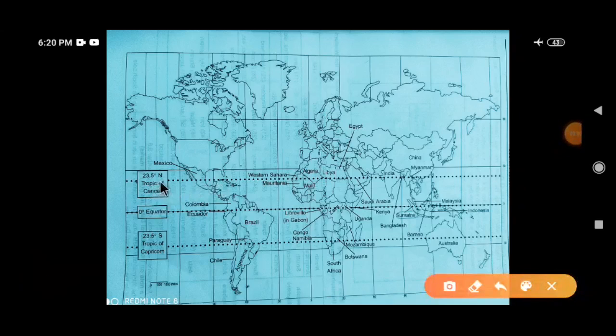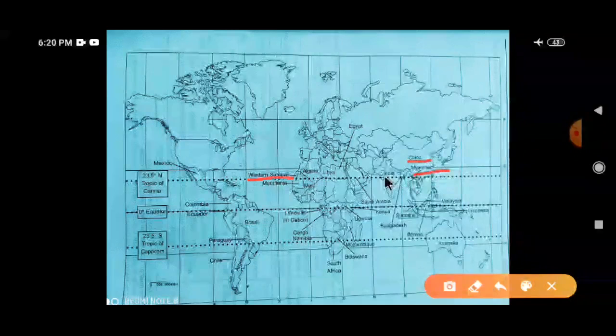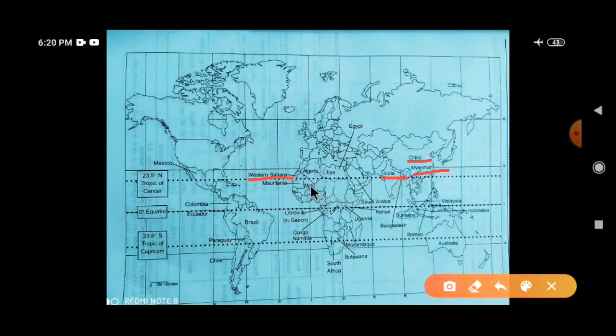The 23.5 north is called the Tropic of Cancer. In this we can see Western Sahara, meaning Africa, here also China, we can see China, Myanmar, India, Libya. This one is the 23.5 degree Tropic of Cancer and this is the 0 equator.